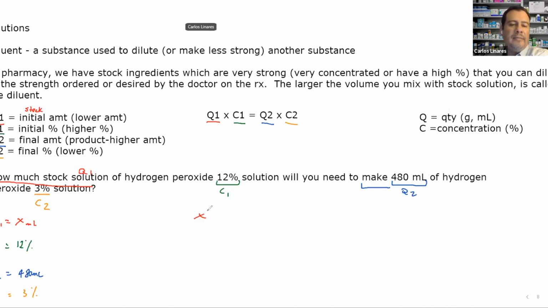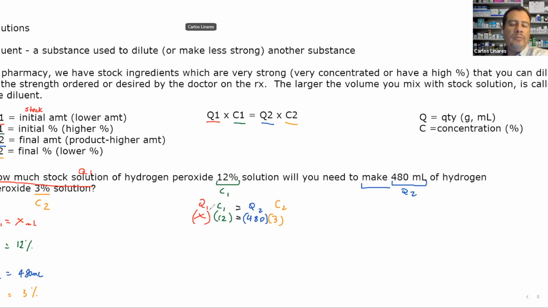So when we put all of this together into the formula, we have X times 12 is equal to 480 times 3%. So C2, Q2, C1 times Q1.